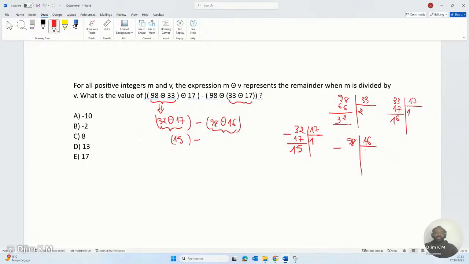So if this is equal to, let me just say, this divided by 2 will give us 49 and 8. So it's basically 49 divided by 8. 6, 48.